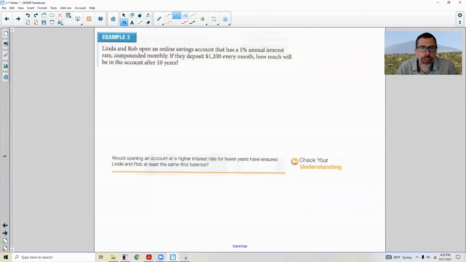Okay, example 3. Linda and Rob open an online savings account that has a 1% annual interest rate compounded monthly, and they're depositing $1,200 every month. How much will the account be after 10 years? So we're going to write the formula. B equals P parentheses 1 plus R over N, close the parentheses. Parentheses to the N times T minus 1.